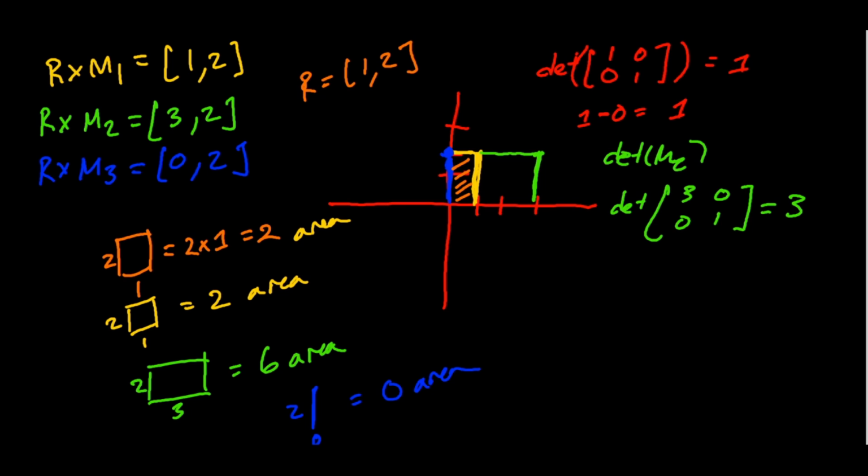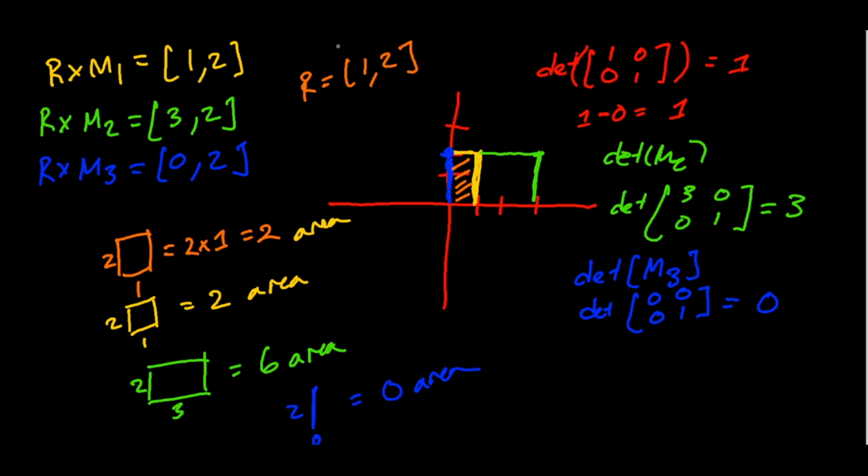And if we calculate the determinant for M3, we're also going to get 0, 0, 0, 1. So it's going to be 0 times 1 minus 0 times 0. So the determinant for this is 0.